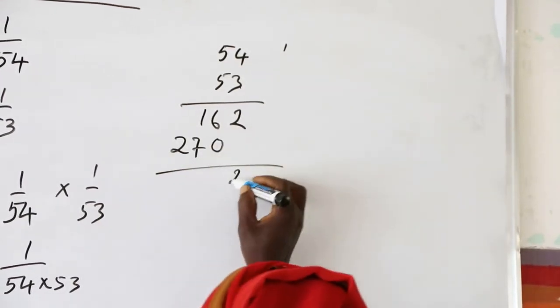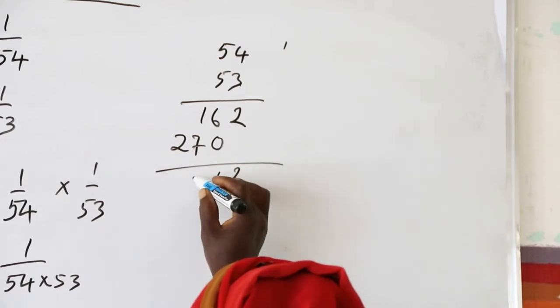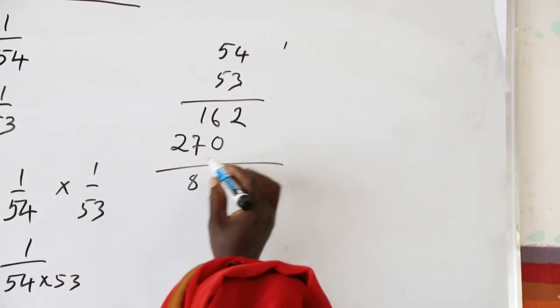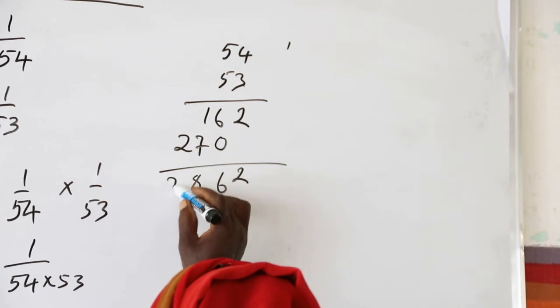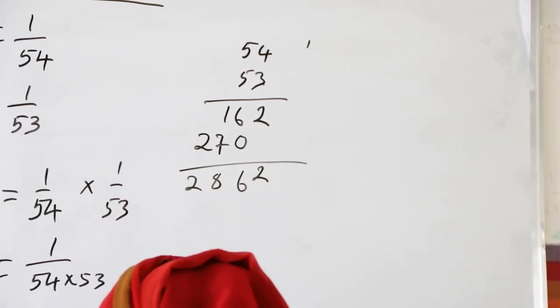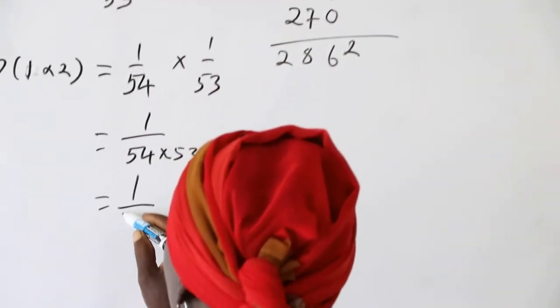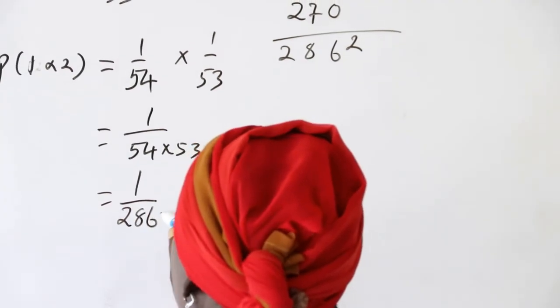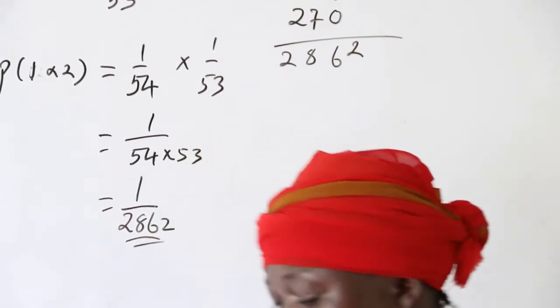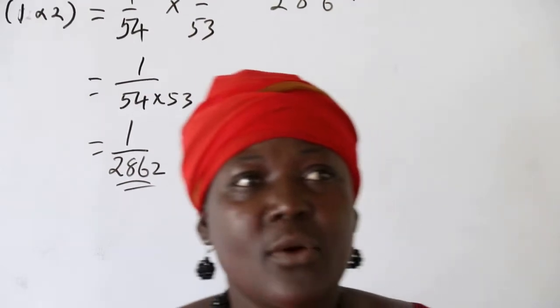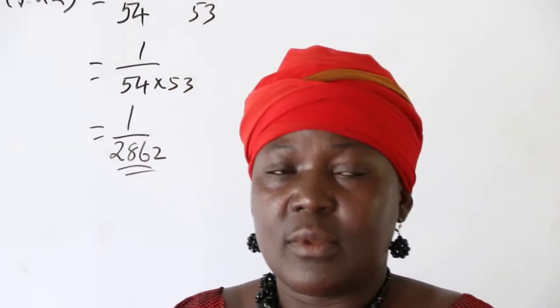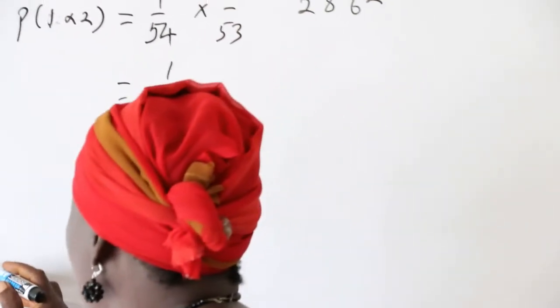So we have 2, 8, 6, 2. So we are going to have 1 all over 2,862. This will be your probability without replacement. Question 2.